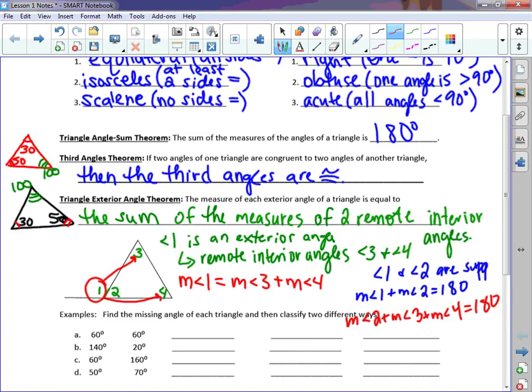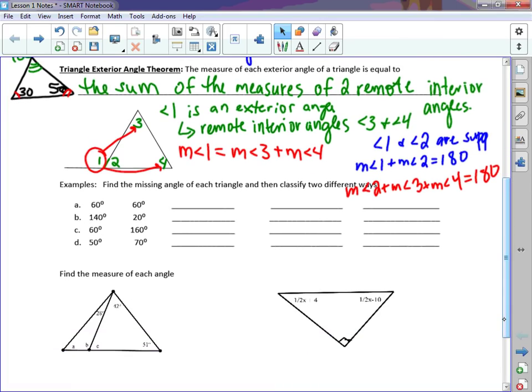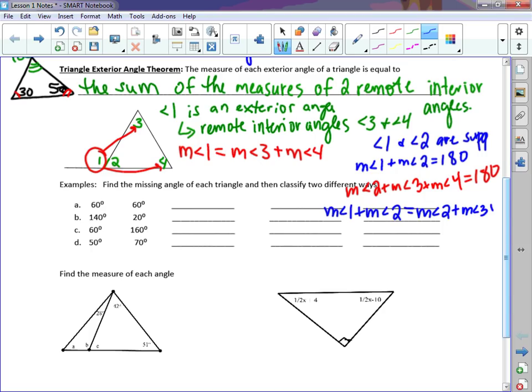Okay. All right. So then from here, look at that. They are both equal to 180, so I could go ahead and set those equal to each other. All right. So I have the measure of angle 1 plus the measure of angle 2 equals 180, which equals the measure of angle 2 plus the measure of angle 3 plus, if I can squeeze in here, the measure of angle 4.